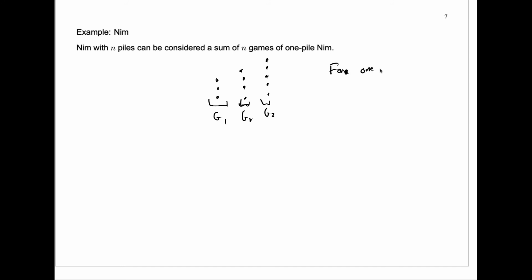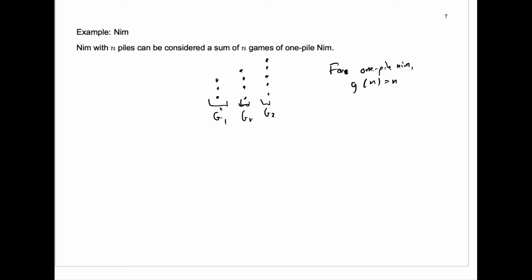One-pile nim is, of course, a very simple game, and we already know the Sprague-Grundy function for one-pile nim: g of n is precisely n. When you have n stones, the Sprague-Grundy value is exactly n for that position with n stones.